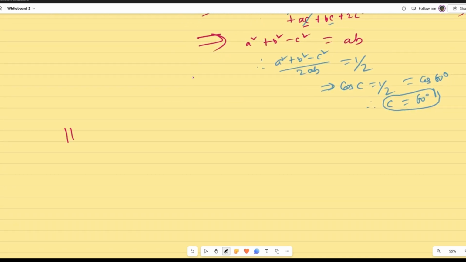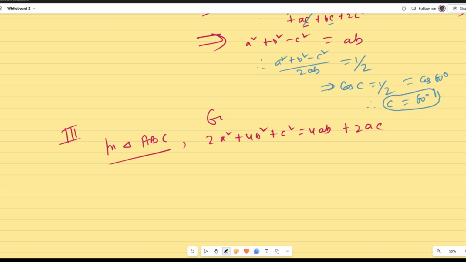Number 3. In triangle ABC, it is given that 2a square plus 4b square plus 2c square equal to 4ab plus 2ac given.